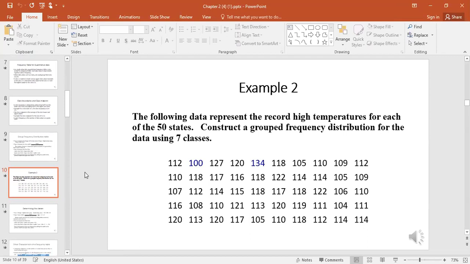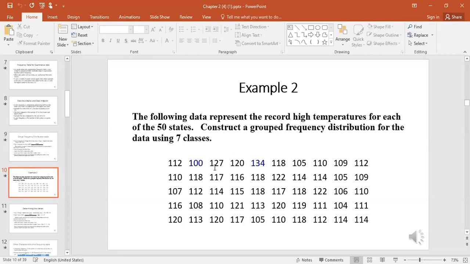Consider these data values. The following data represent the record high temperature for each of the 50 states. Construct a grouped frequency distribution for the data using 7 classes. Here we have 50 values, and we will identify the highest and the lowest data value.